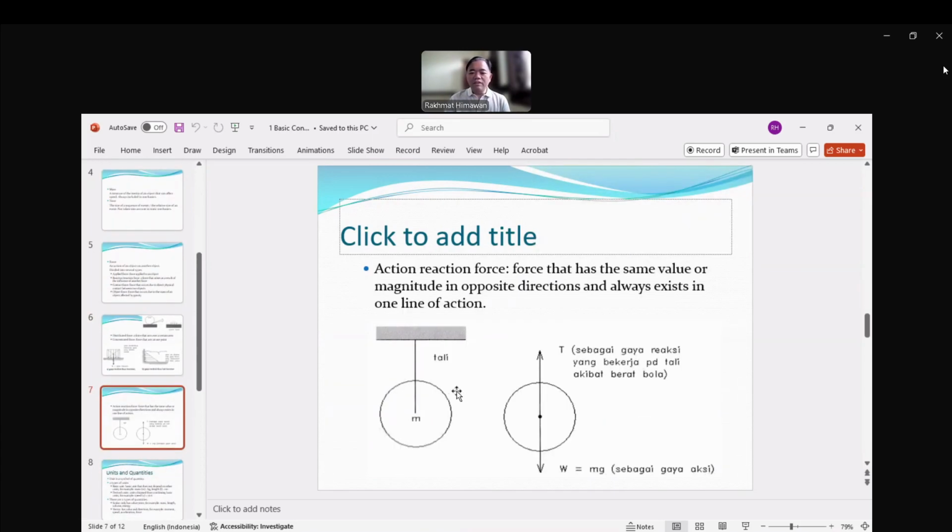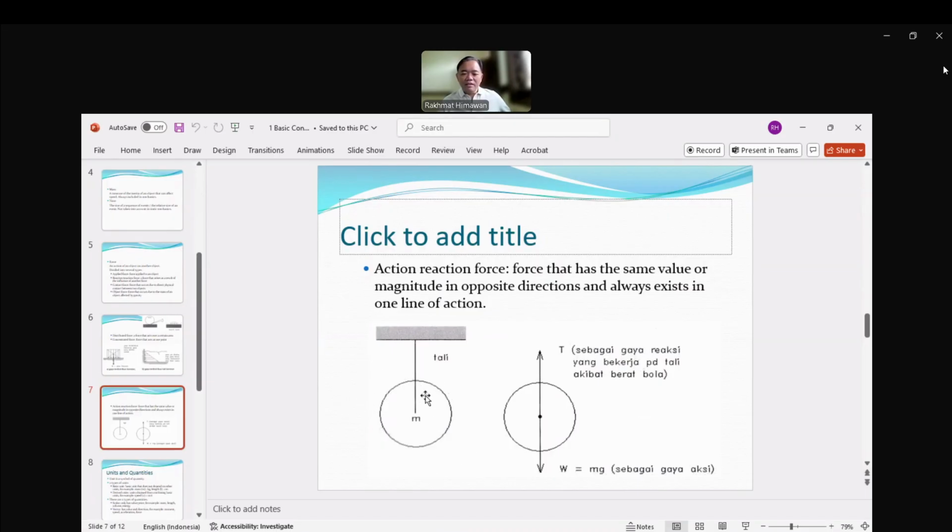Yes, and we learn about the reaction. Since this is general mechanics, equilibrium is one of the assumptions that we usually use. Not for all cases, but this is mostly used. That means this ball, when it's attached by a rope to the ceiling, is going to stay there, and we assume this ball won't fall.